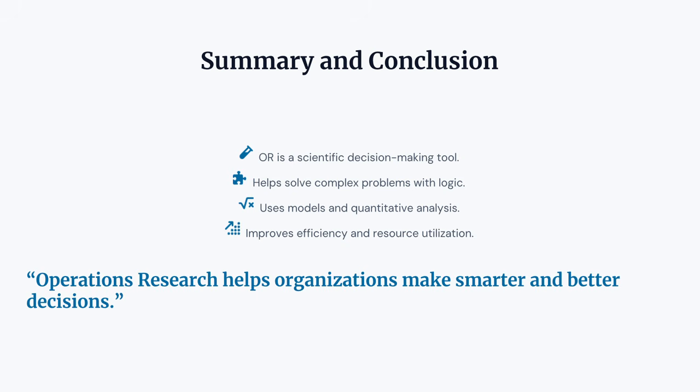So, let's summarize. Operations research uses maths and science to solve complex problems and help organizations make smarter decisions. Next time you see an efficient system, remember there is probably operations research behind it.